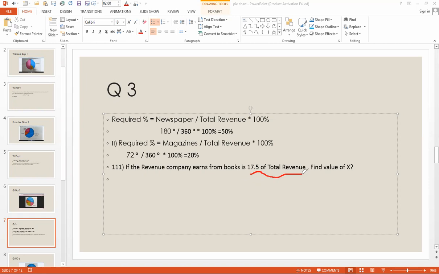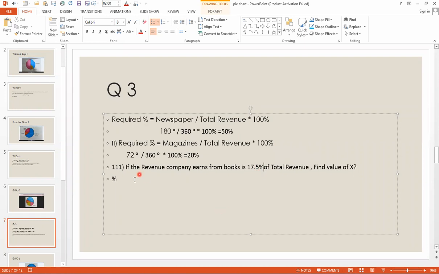And what does that X represent? Sorry, I missed 17.5%, I didn't write it here. First I have to write it. That is not 17.5, that is 17.5%.